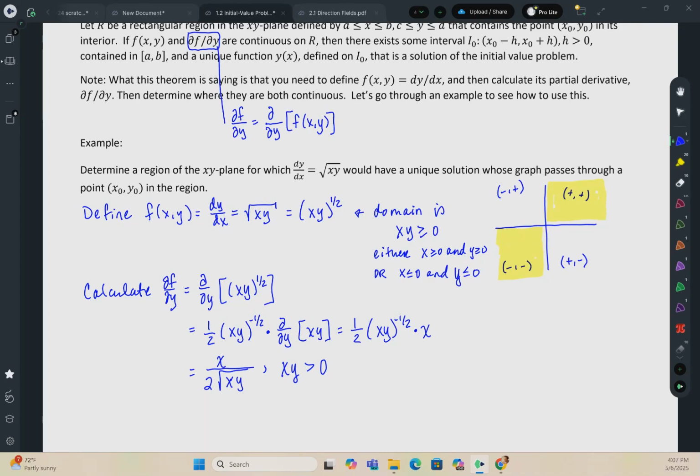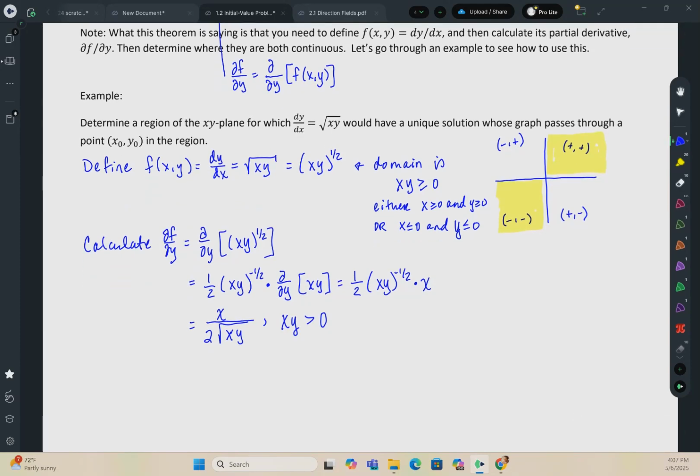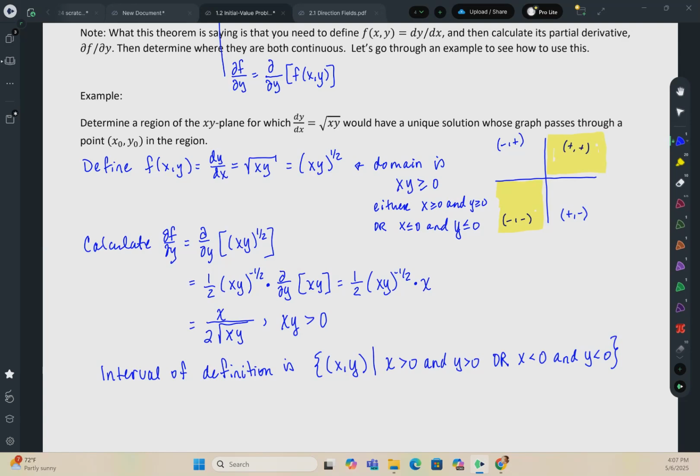Okay, so now when I look at what my interval of definition is, the interval of definition that works for both of them is the set of all xy values such that, and here's where we're going to get the either or, x is greater than 0 and y is greater than 0, or x is less than 0 and y is less than 0. Those are the only options there, okay?